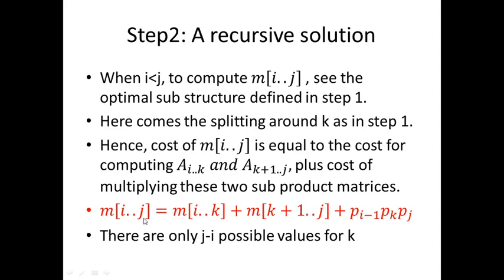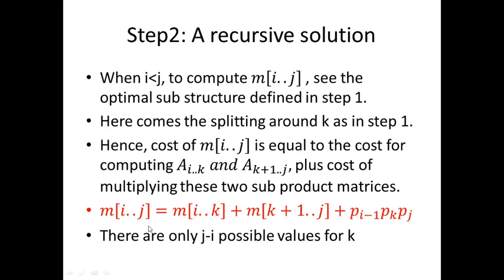This is stated as a recursive equation. Remember, m[i, j] is the number of multiplications required for multiplying the chain of matrices Ai to Aj, not the final product. I remind you, we are not talking about the final product matrix. Our objective is to find the optimal number of scalar multiplications required.